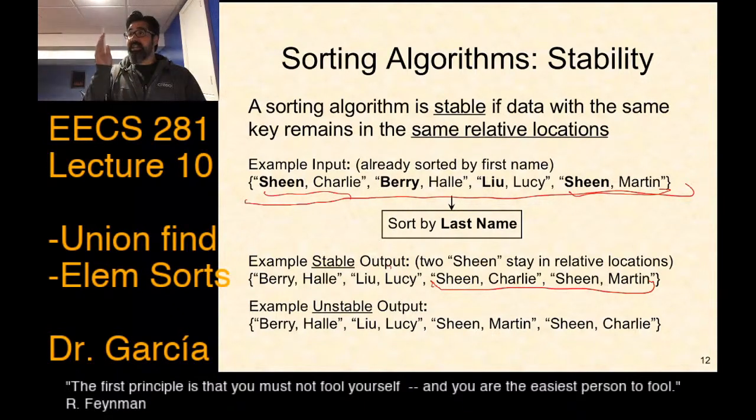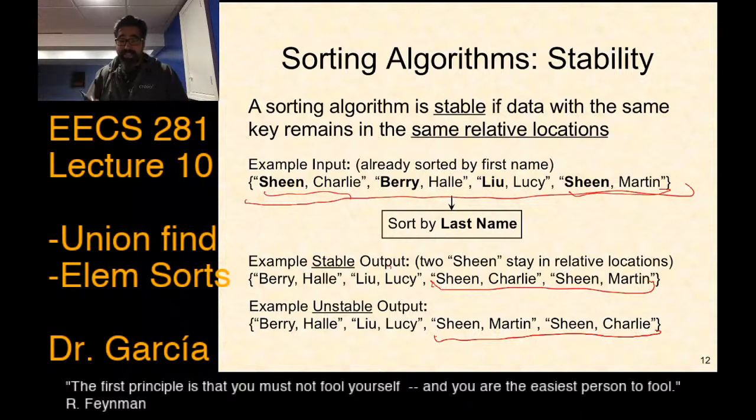But then an example of an unstable sort would mean that there is a chance that Martin Sheen comes before Charlie Sheen. Okay? So if the algorithm does not guarantee the first case, then it's considered to be an unstable sorting algorithm. Okay?